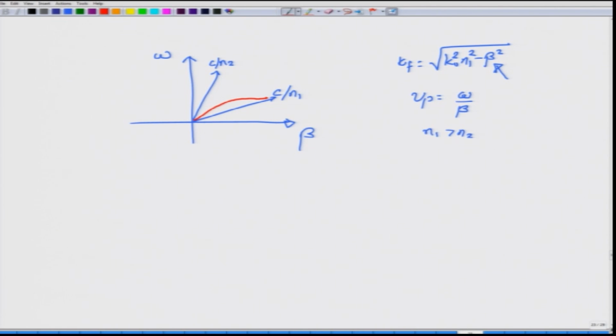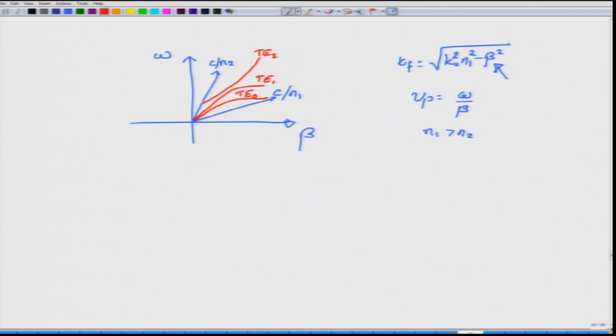So, as omega increases, the phase velocity of this fundamental mode starts to approach c by n 1. Then you will see that the next mode will do a different kind of curve. So, you can find out how these modes vary with respect to omega as you change the value of beta, or alternatively as you vary beta with respect to omega.